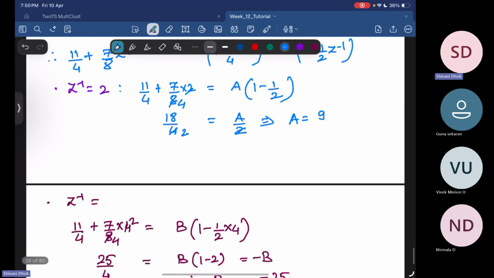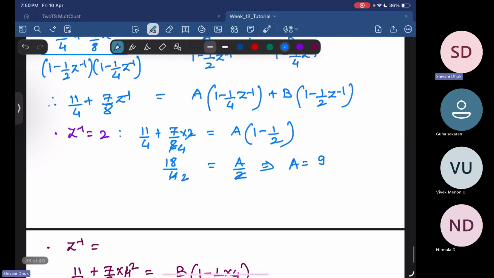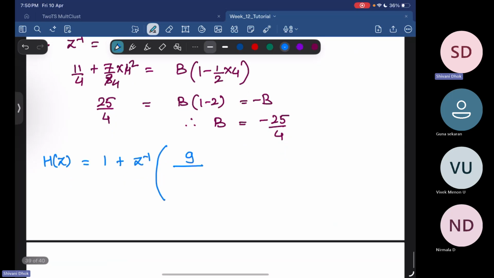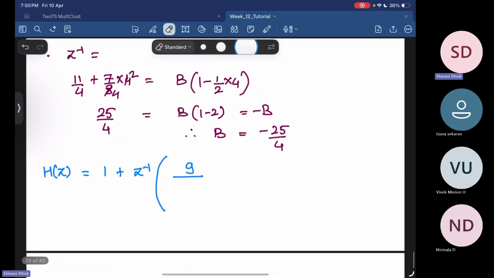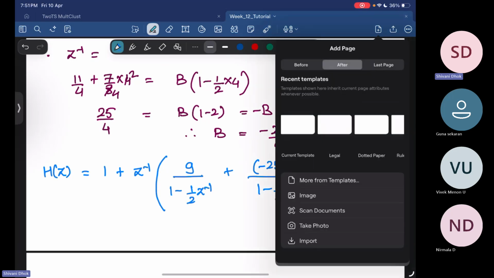Inside the bracket I have A, which is 9, upon 1 minus half z inverse plus B, which is minus 25 by 4, upon 1 minus 1 by 4 z inverse.